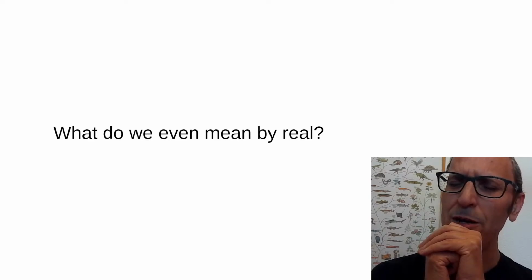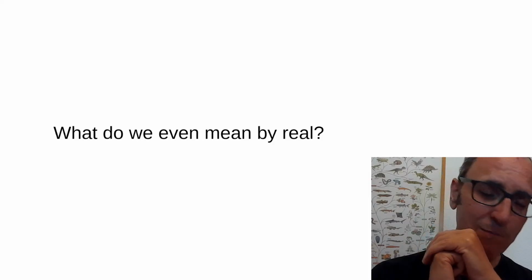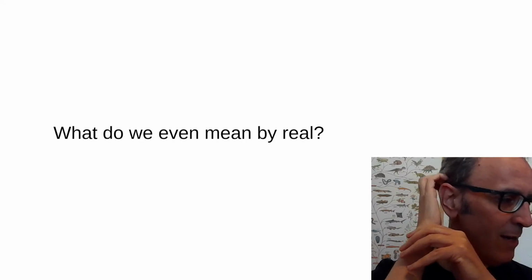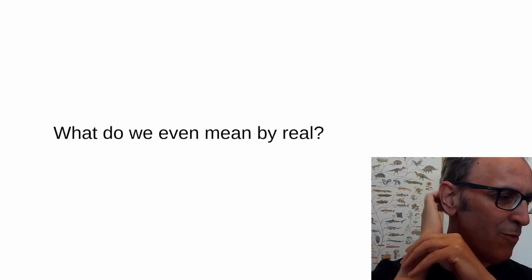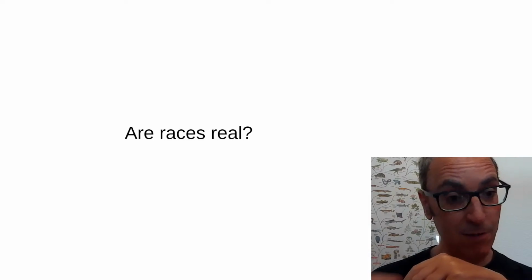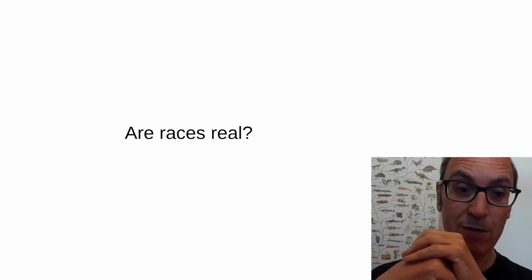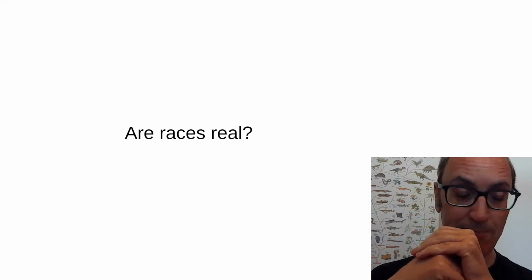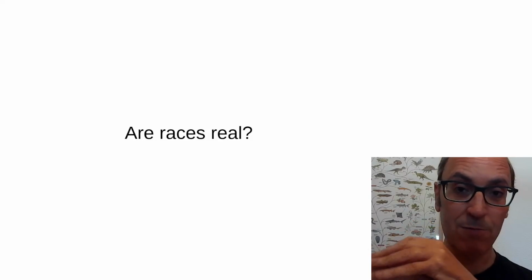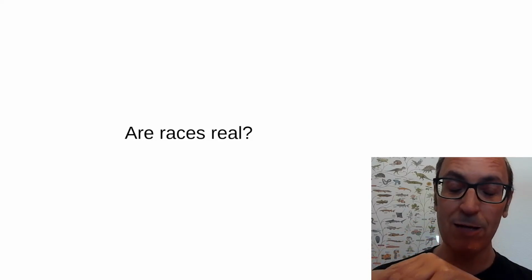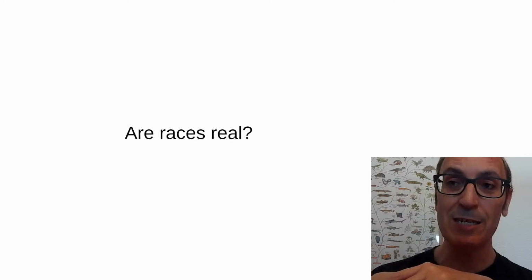So why do we say that a species is real if what is real is the real pattern? And you might think, well, this is some metaphysical question that is not relevant to us. But there are a lot of discussions about whether races are real in humans, for instance, and this is just a metaphysical question. Are races real? Metaphysics, by the way, is not thinking about weird stuff. Metaphysics is just thinking about what exists in reality.